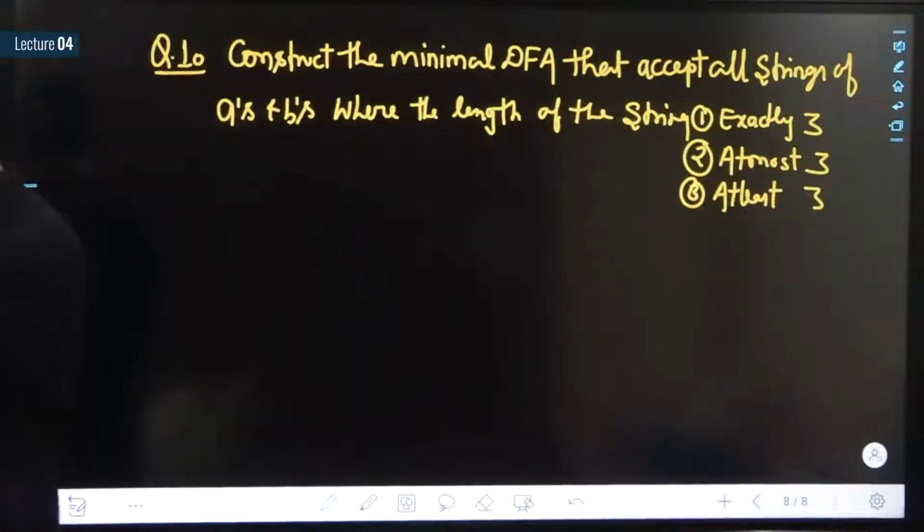Make the DFA for these 3 languages. Do it fast.